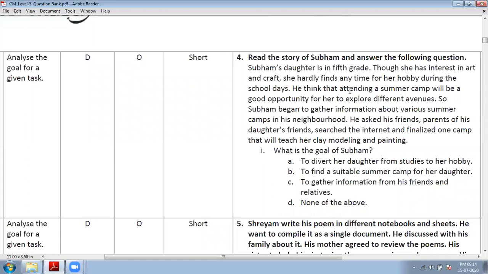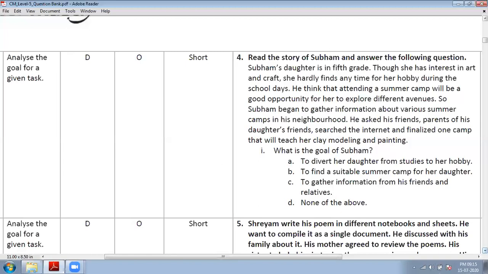He thinks that attending a summer camp will be a good opportunity for her to explore different avenues. So Subham began to gather information about various summer camps in his neighborhood. He asked his friends, parents of his daughter's friends, searched the internet and finalized one camp that will teach her clay modeling and painting.